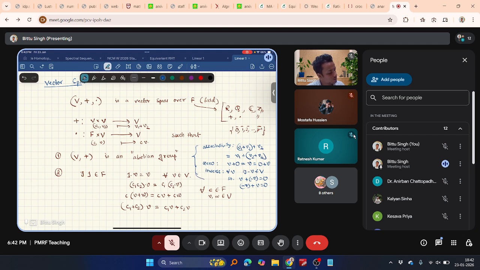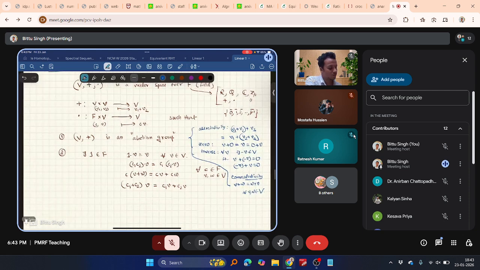And there is another property, commutativity. Because of this it is called an Abelian group. It means if we add v plus w or w plus v, the order does not matter; those are the same for all v, w belonging to the vector space V.